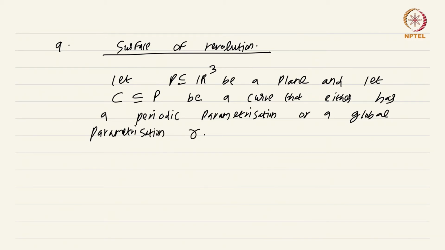So I'm considering a one-dimensional manifold C that admits either a periodic parameterization or a global parameterization.